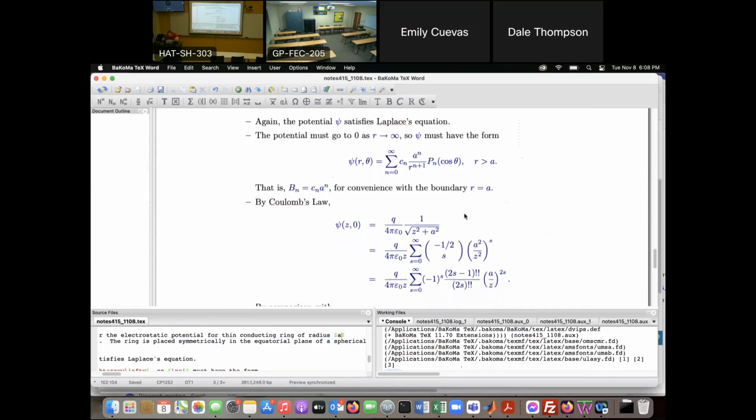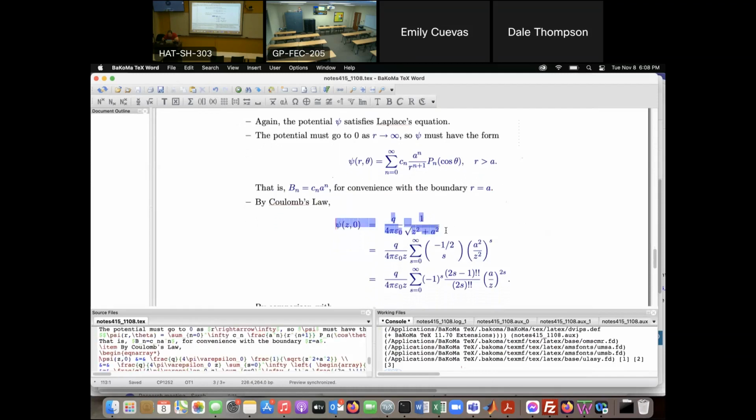Now, for purposes of solving for coefficients, if we determine the potential another way using Coulomb's law, this is what we get at z0. E minus z is equal to r cosine theta.